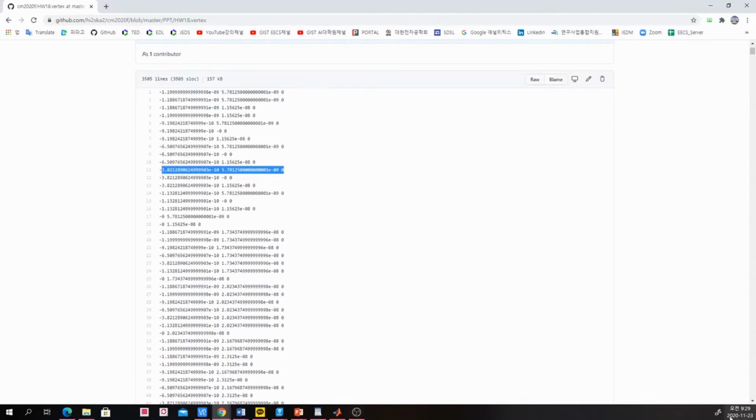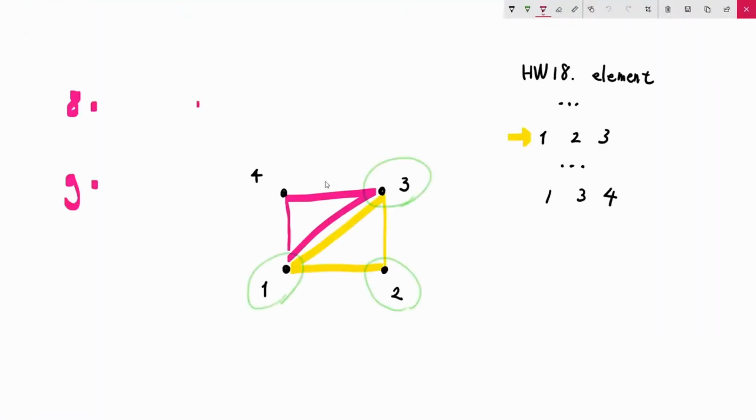So we will have things like this, another triangle. I just randomly selected one of them, so you can try anything. Up to now I have demonstrated how we can read the element file.